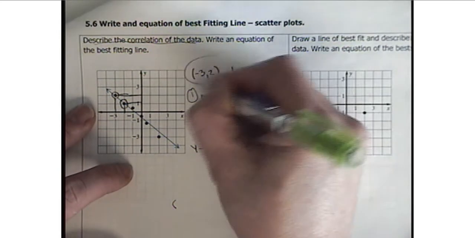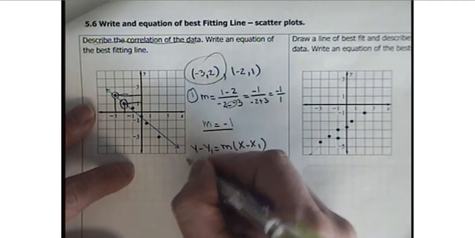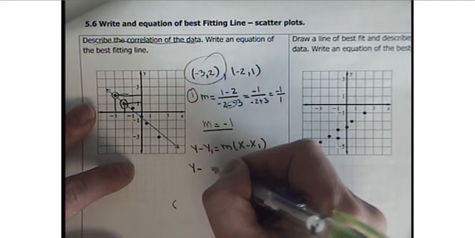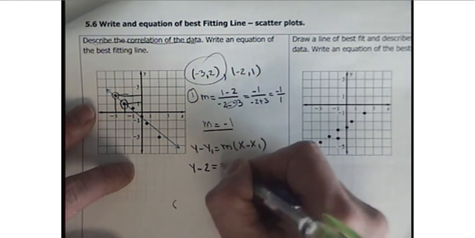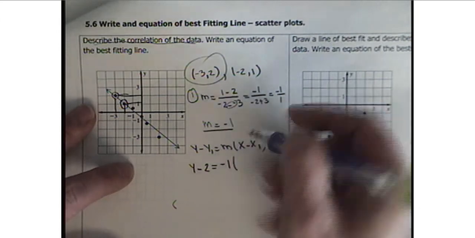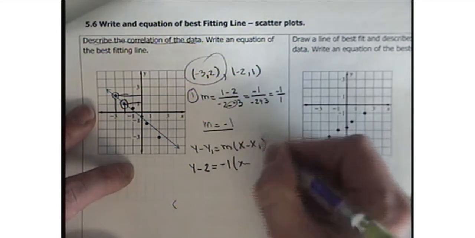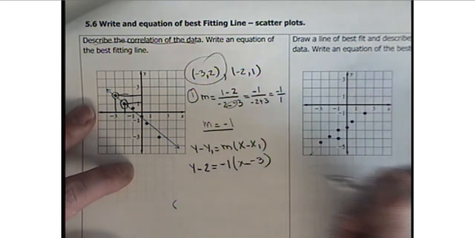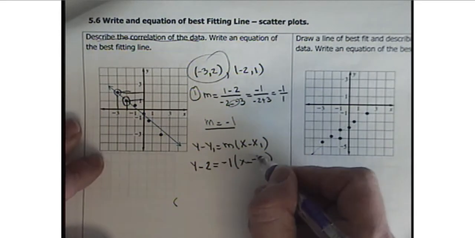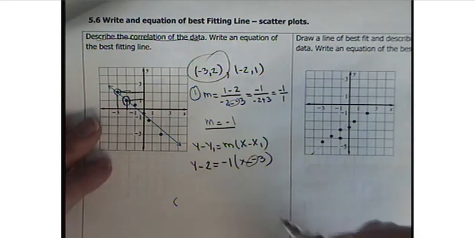I'm going to pick the first point and we'll substitute. So y minus y1 is y minus 2 equals -1 for the slope, and then x minus -3.